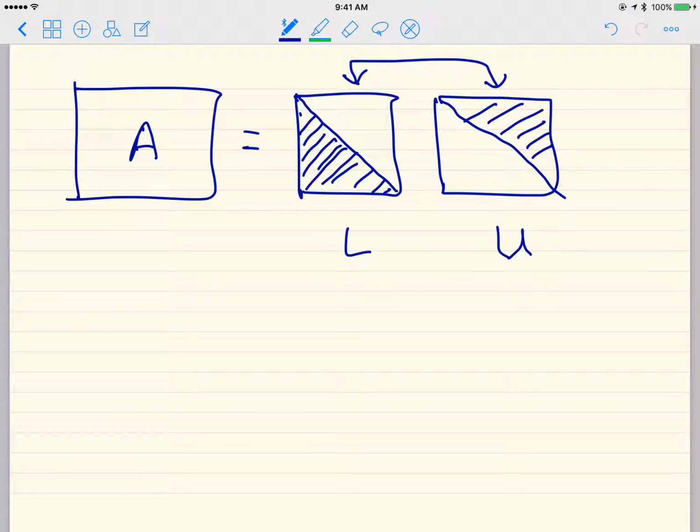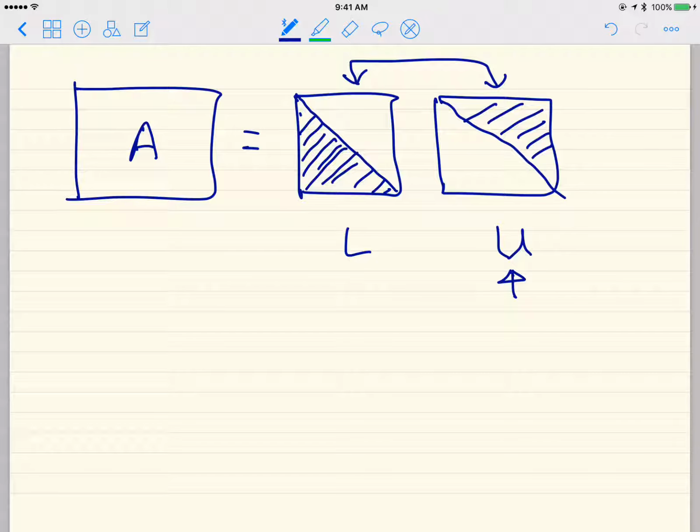And this upper triangular matrix is actually what you already know very well, which is an echelon form. If you think about where the non-zero entries are placed in your echelon form matrix, all the non-zero entries are in the upper right part.